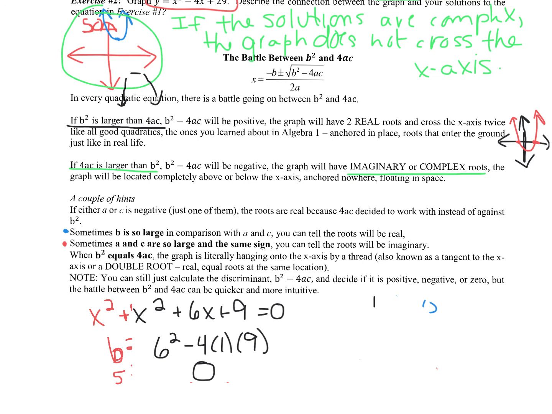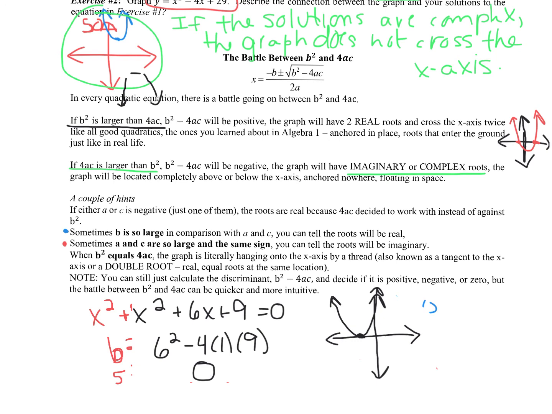Basically, the plus or minus 0 is going to give me the same answer. And if I graphed that quadratic, it would look like this. Basically just touching here, and it looks like one root, but we call it a double root.